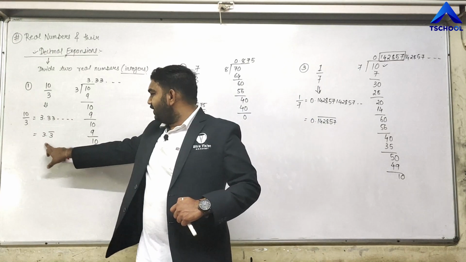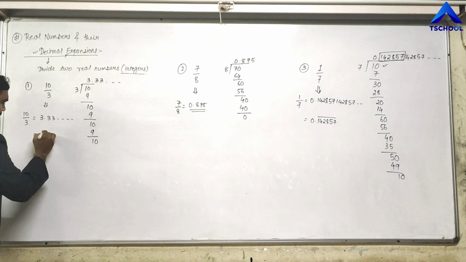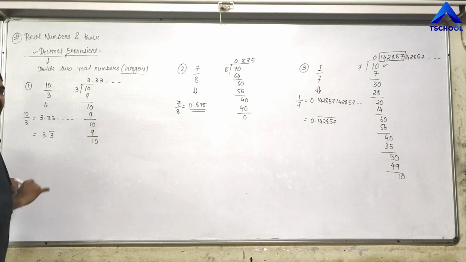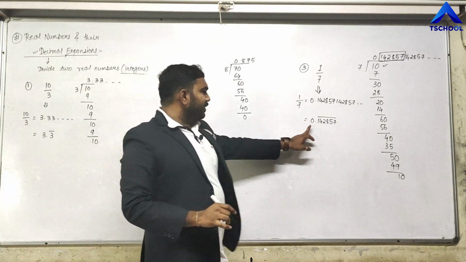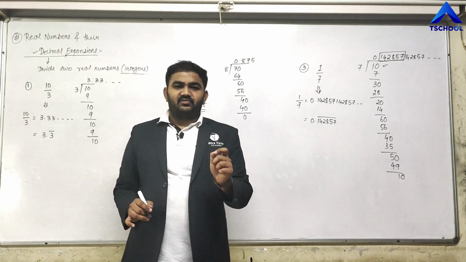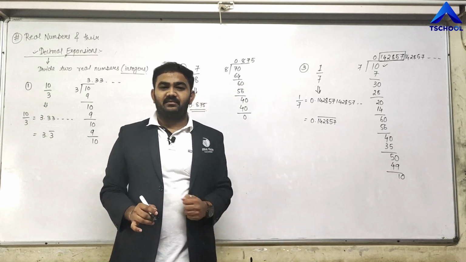If I write 3.3 bar, that means this 3 is repeating infinite times. Here 0.142857 bar means this block of 6 numbers, 142857, is repeating itself infinite times.